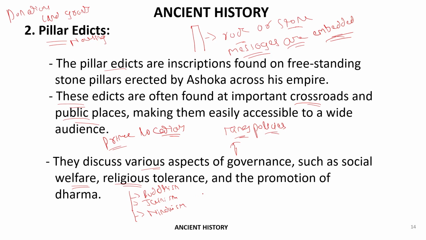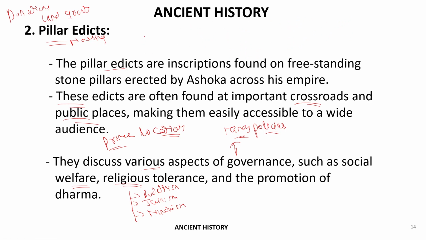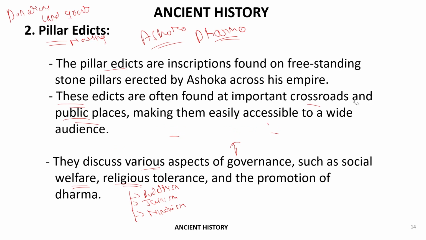Got it? And there was a promotion of dharma. Now the question is, what do you mean by dharma? What is the meaning of dharma here, often known as Ashoka dharma? Let's write down Ashoka's dharma.